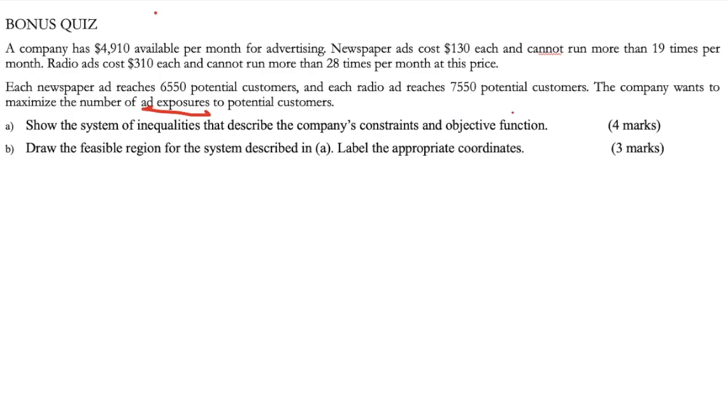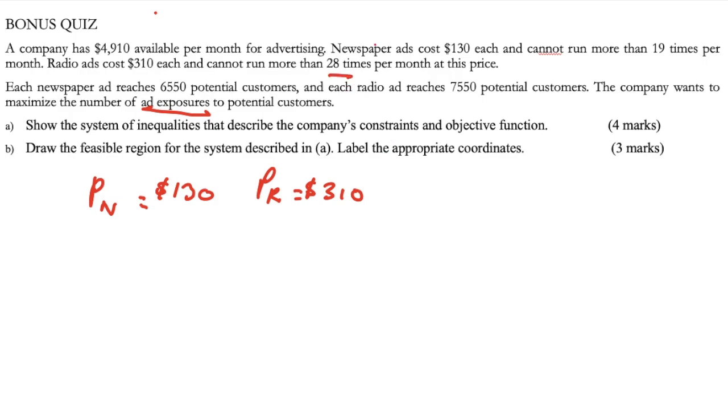The constraint here is in terms of your budget for newspaper. So in this case, we write the constraint first. Let's say the price of newspaper is 130, given in the question, and the price of radio advertisement is 310, which is more expensive. And both of them cannot be run more than 28 times.